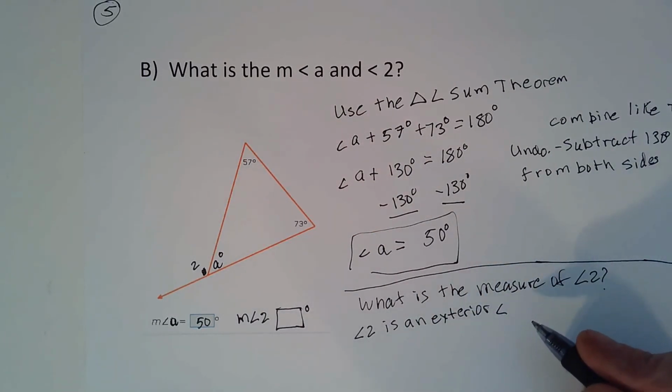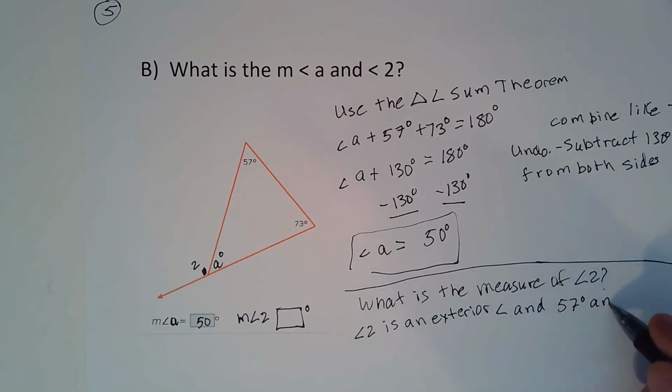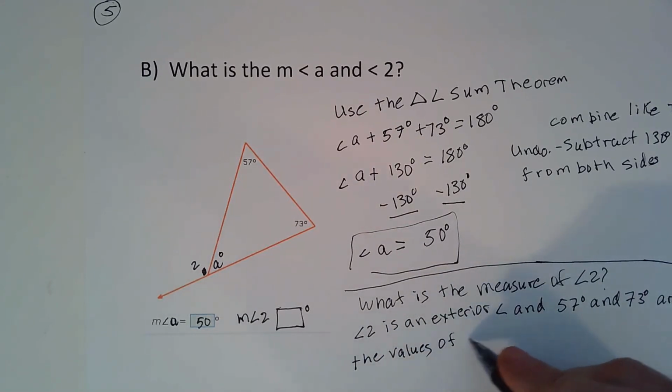Okay, well, the 57-degree angle and the 73-degree angle are the values of the remote interior angles.